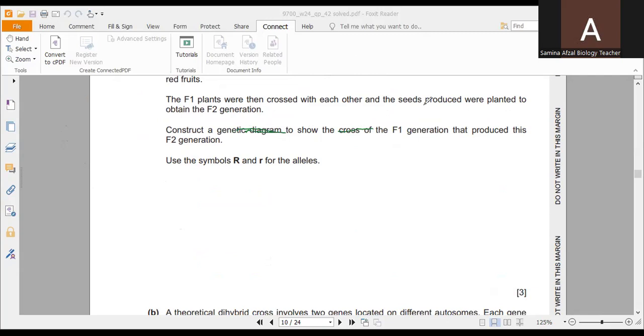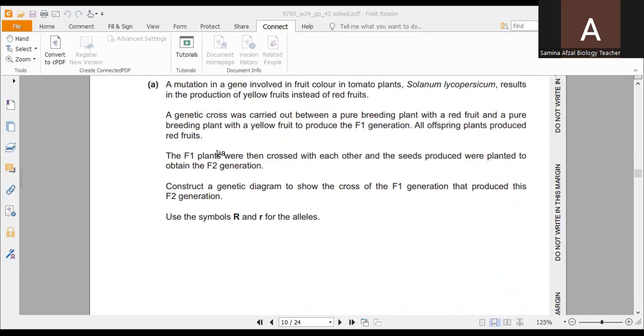So first of all, I will show you how the F1 generation is produced. For this purpose, we have purebred red fruits and yellow fruits, the mutated yellow fruits.